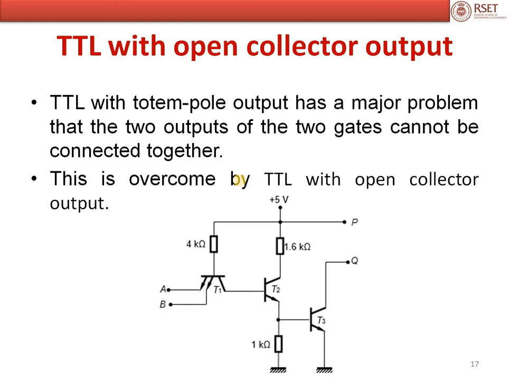Now next configuration is TTL with the open collector output. TTL with the totem pole output has a major problem that the outputs of 2 gates cannot be connected together. So this is overcome by TTL with the open collector output. This is the corresponding circuit. Here the collector is open, there is no resistor in between VCC and its collector terminal.